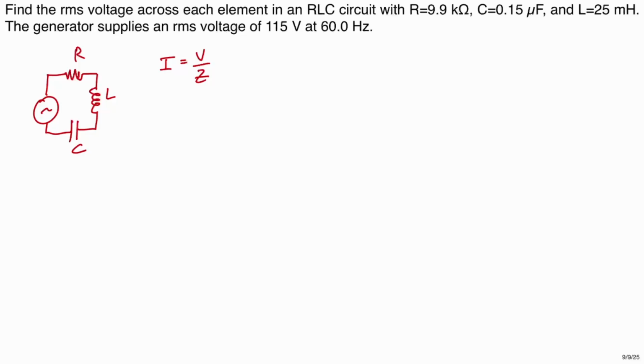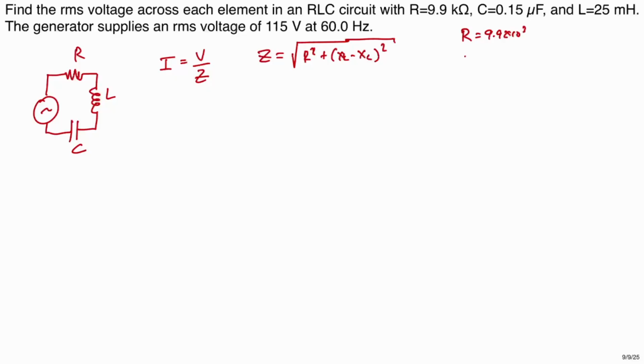So let's start. To get impedance, R squared plus (X_L minus X_C) squared, that's supposed to be an X_L squared. Okay, so let's see here. We know the resistance, 9.9 kilo ohms, so 9.9 times 10 to the 3.